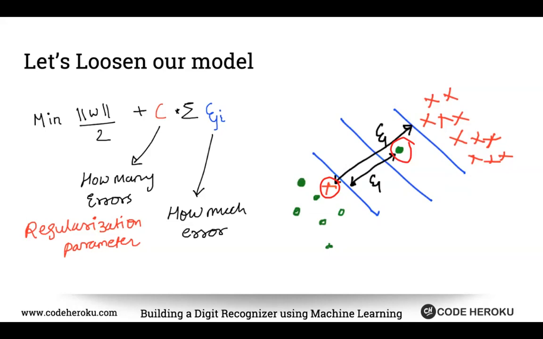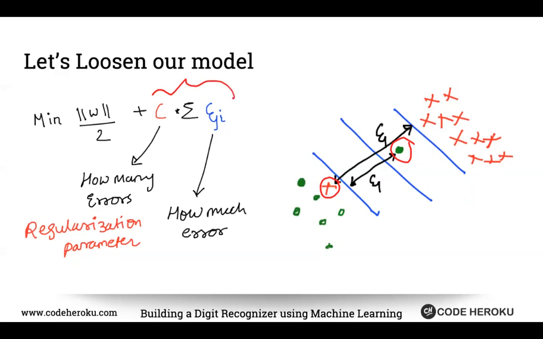That's where we introduce the term regularization parameter, which is the C, which controls how much error you can allow. And psi over here is how much error you have. You want this term to be as small as possible, but we can't always set it to 0.